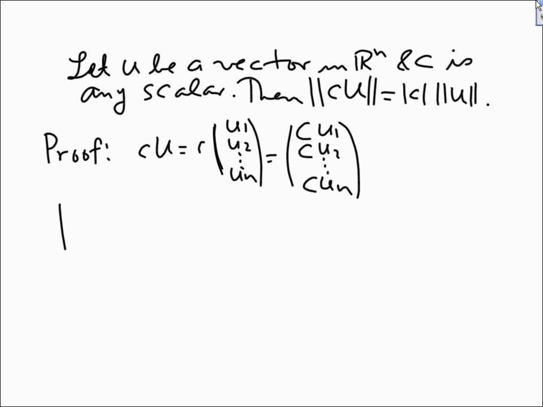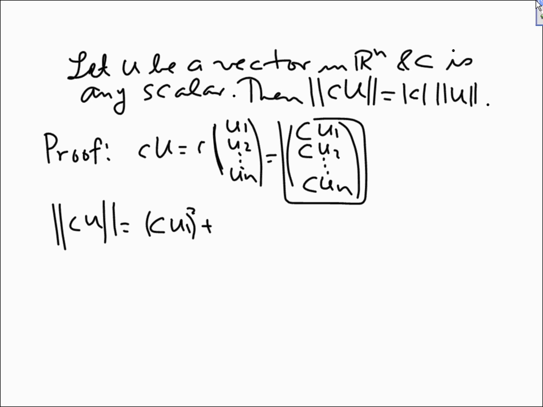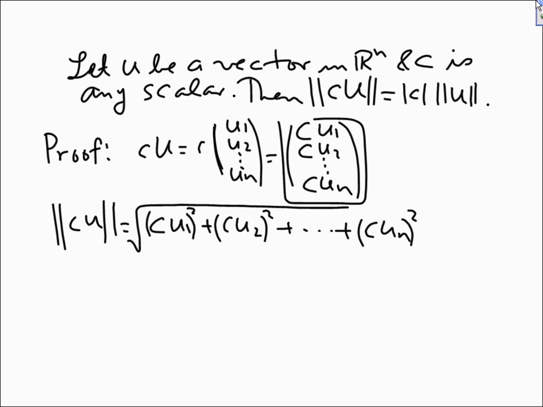Now the length of CU is the length of this vector, which is the square root of (CU1) squared plus (CU2) squared all the way up to (CUn) squared.